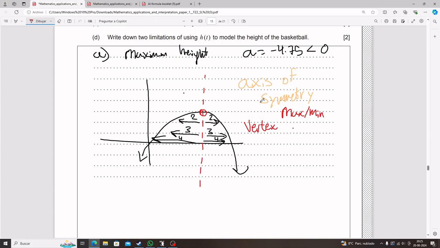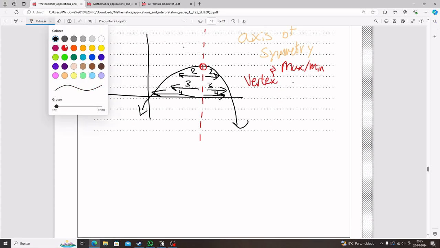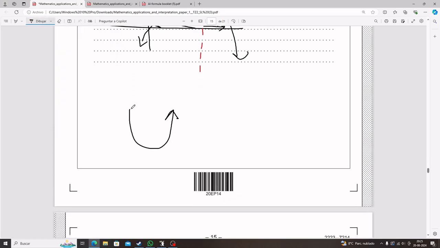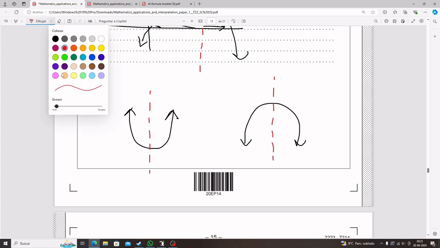So the axis of symmetry goes through the vertex, and the vertex is either a maximum or a minimum, right? So you can have a parabola that goes like this, or a parabola that goes like that, and the axis of symmetry on both is going to be right there. And it's going to give you information on where the vertex is.